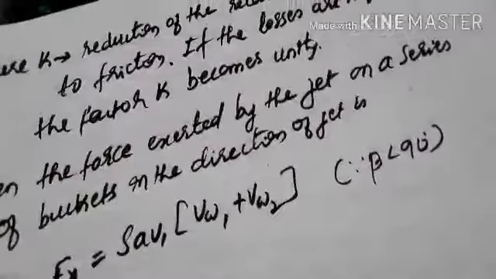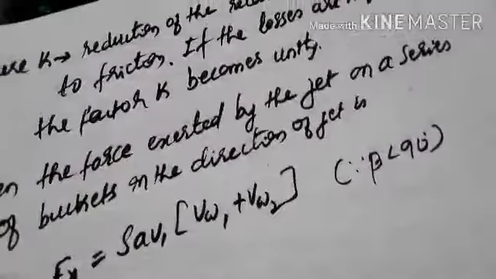As we know the kinetic energy formula, half rho a v1 cube, because kinetic energy equals half m v square, but we want per second. When you simplify this one, we get half rho a v cube. So this is the kinetic energy per second at the inlet of the turbine.